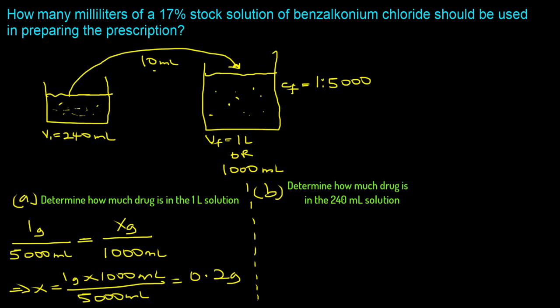And so based on that understanding, we can set up a quick ratio, and we will state that the 0.2 grams is contained in the 10 milliliter solution.